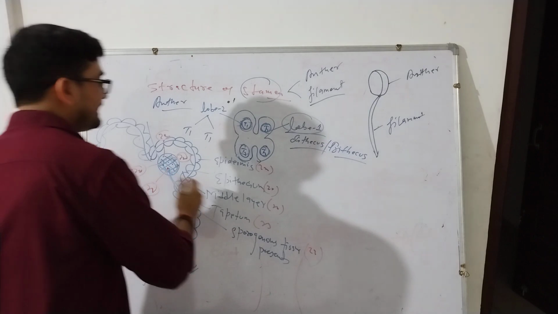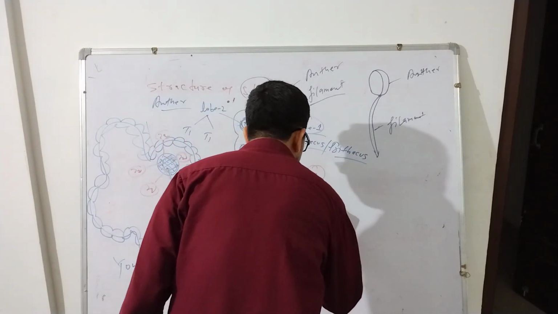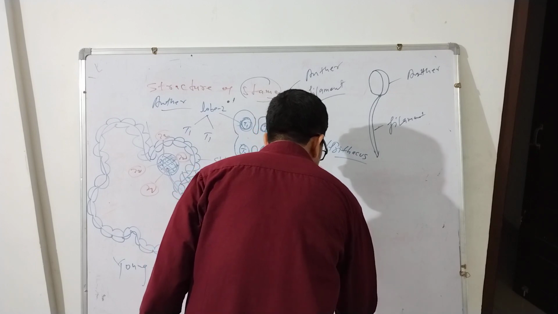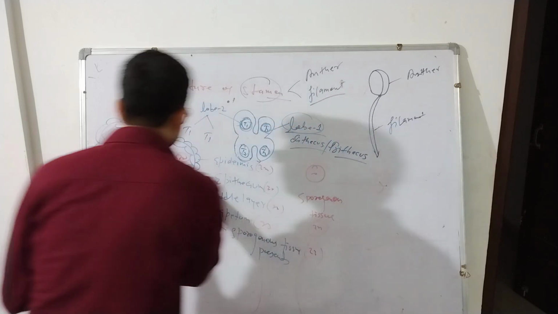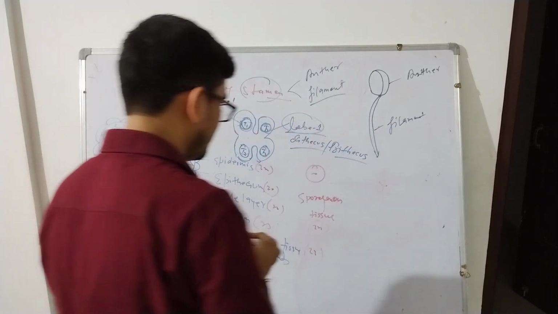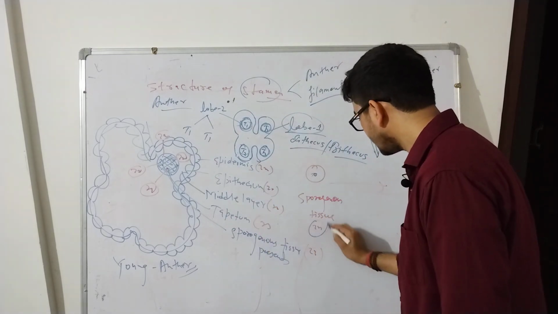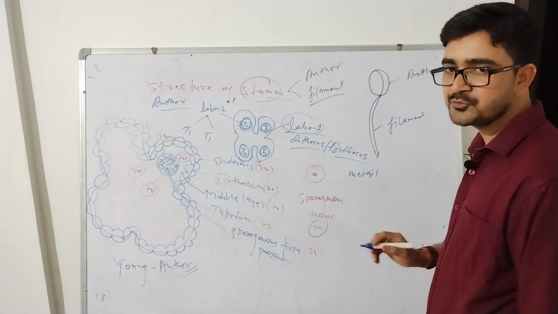So take one sporogenous tissue here, that is 2n. Inside the sporogenous tissue, meiosis division occurs. Why meiosis?